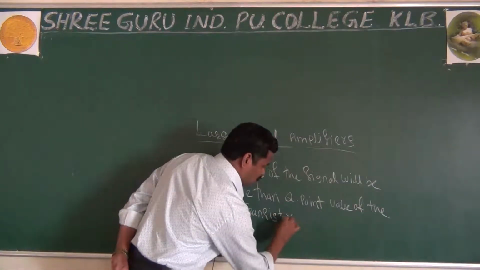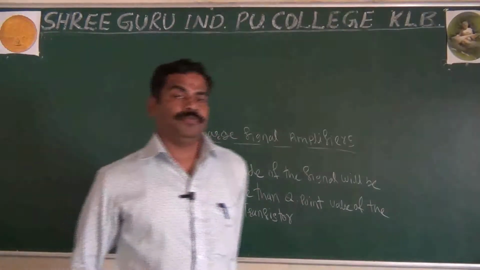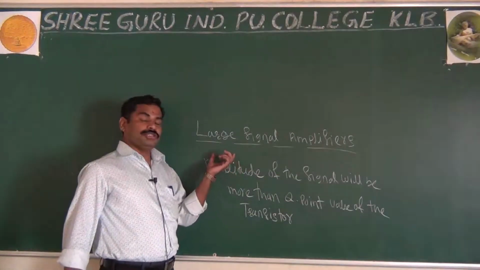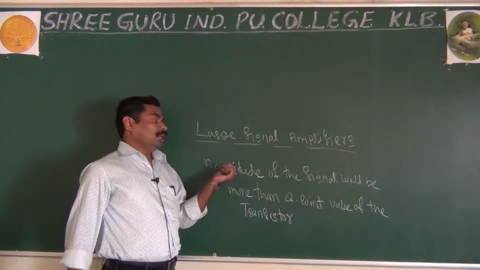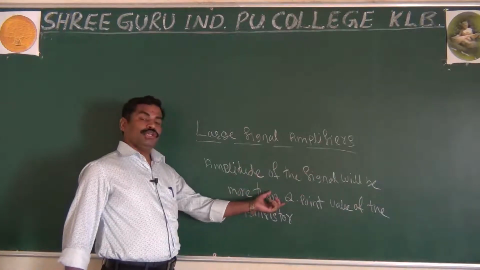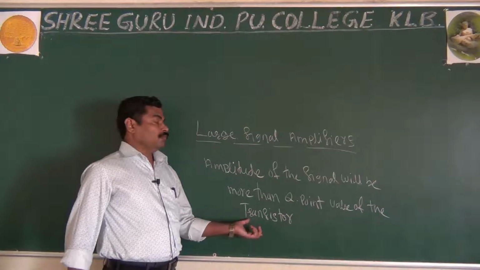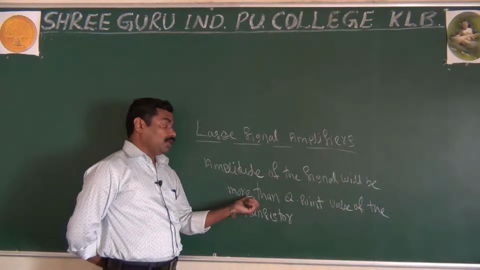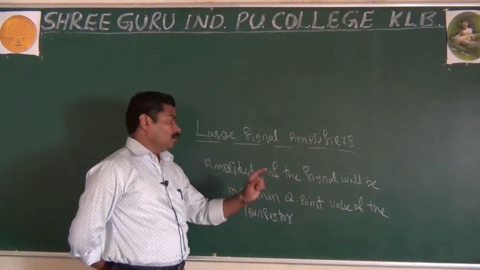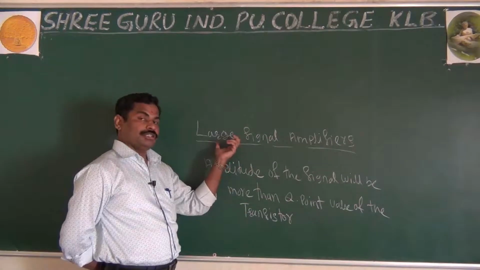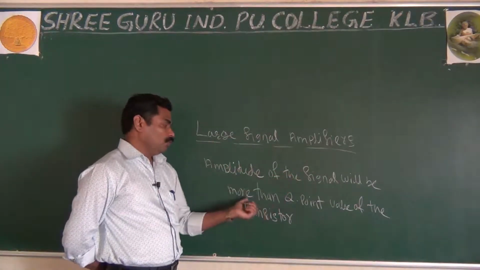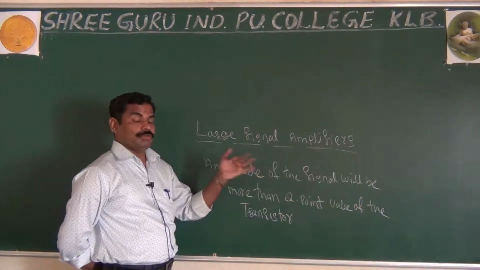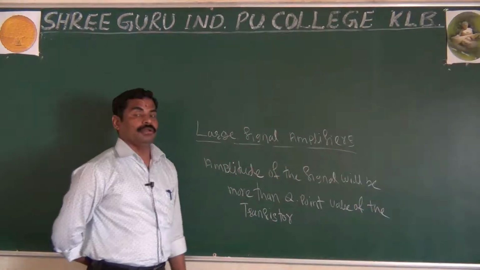In large signal amplifiers we apply a very large signal as an input, and the amplitude of the signal will be more than the Q point value of the transistor. This is so important. In small signal amplifiers the amplitude of the signal is less than the Q point value, but in large signal amplifiers it is more than the Q point value of the transistor. This is the most important difference between small signal amplifiers and large signal amplifiers.